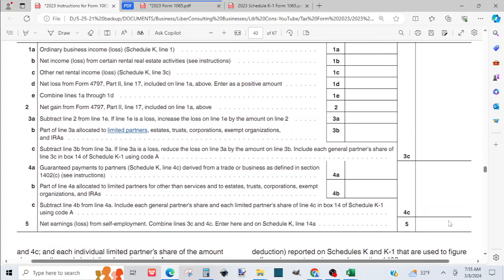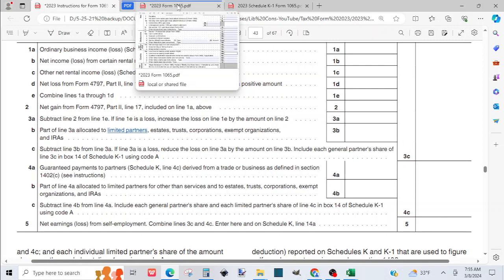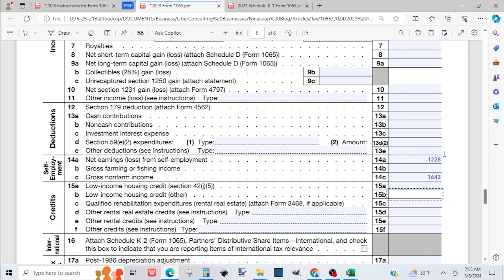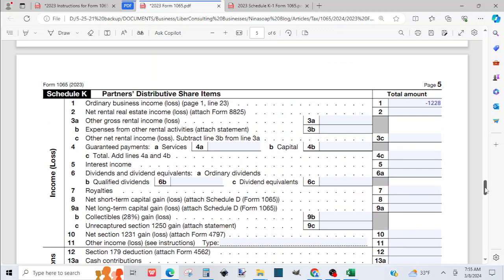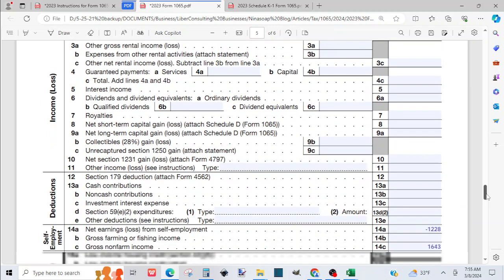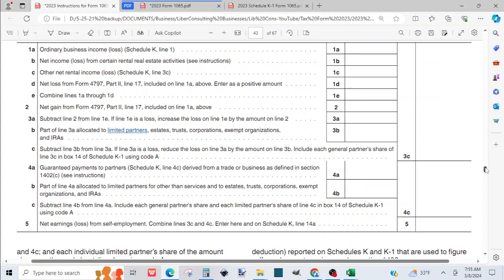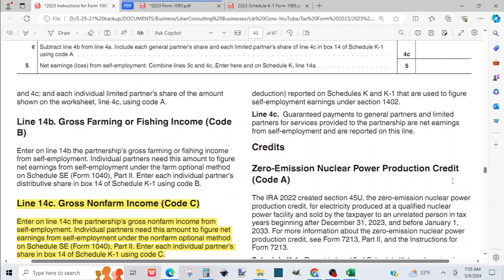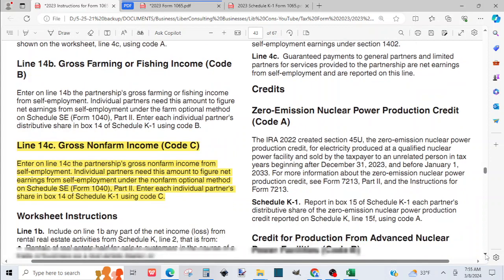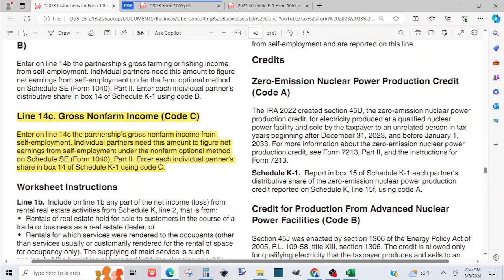that. So okay, let's assume that in our case both partners work in the business, they are general partners, and that's the only number we have on here. We will put it on 14A. So 14C, if we go back to the instruction, it'll go on Schedule K-1 with code C. So enter on 14C the partnership gross non-farm income from self-employment.